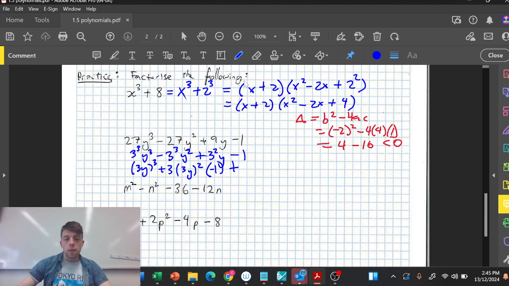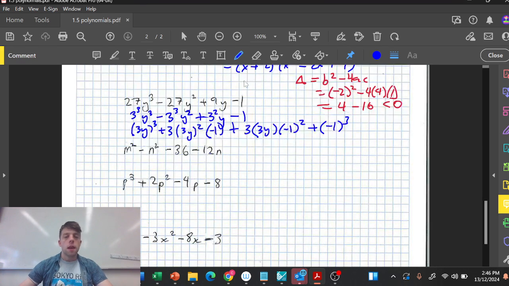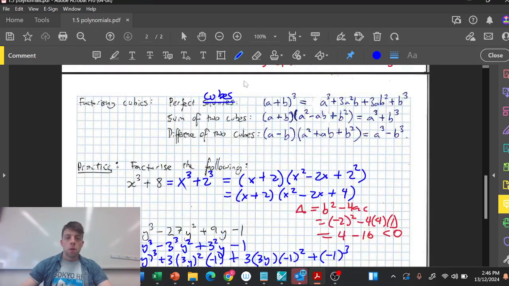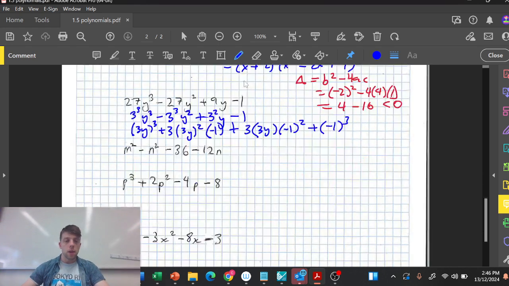Then over here we need a 3, and then we have 3y to the power of 1 times -1 to the power of 2, plus -1 cubed. So written in this form, you might see that that is a perfect cube. It's kind of hard to see when you're not used to this kind of pattern. You might have to use polynomial long division or the rational root theorem, see if you can find the answers that way.